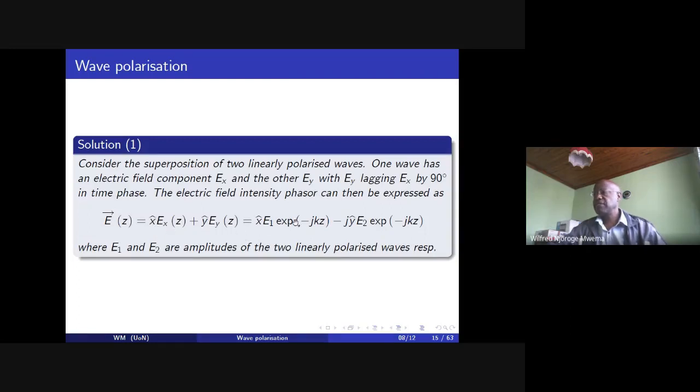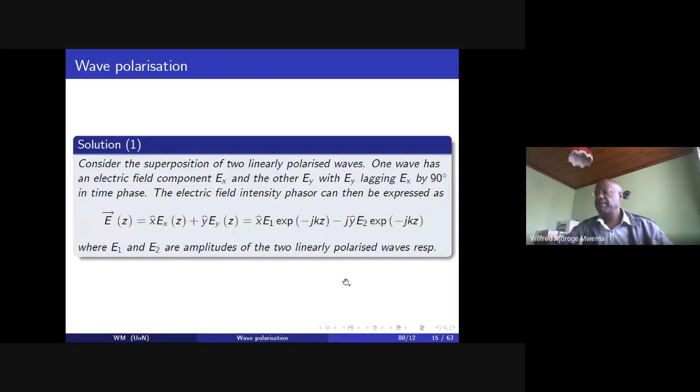And we see that this is going to be given by EX. Because it's lagging, it has to be minus J, where minus J is the exponent of minus J pi by 2, to show that time lag of EY with respect to EX. E1 and E2 are the amplitudes of the two linearly polarized waves.